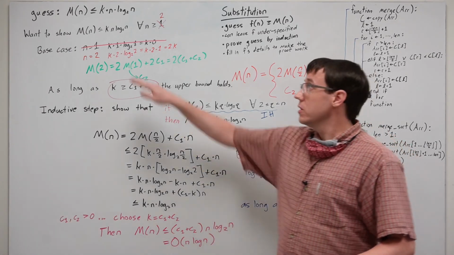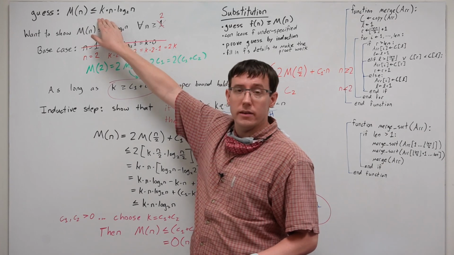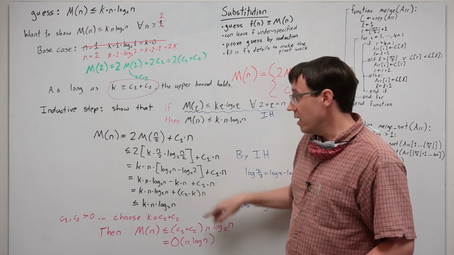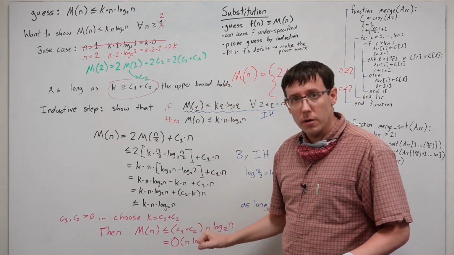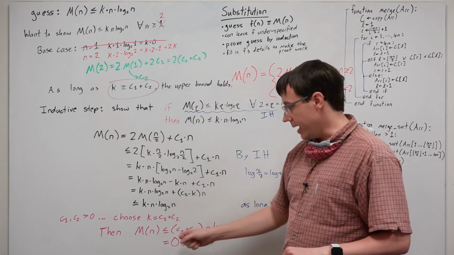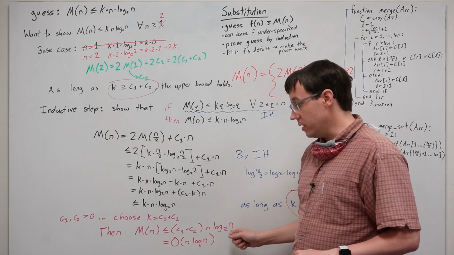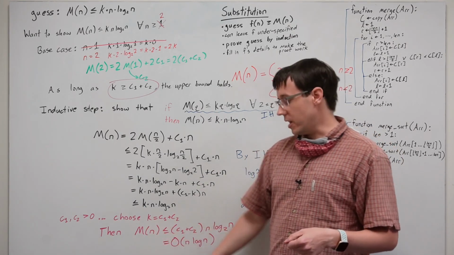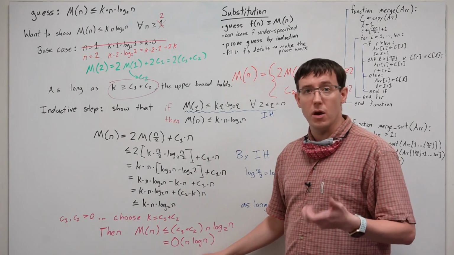So our guess started with an unknown value of k, but we've now figured out a value for k that makes the proof work. And so we've proven that this function is an upper bound on the recurrence, and that means that the recurrence is big O of n log n.